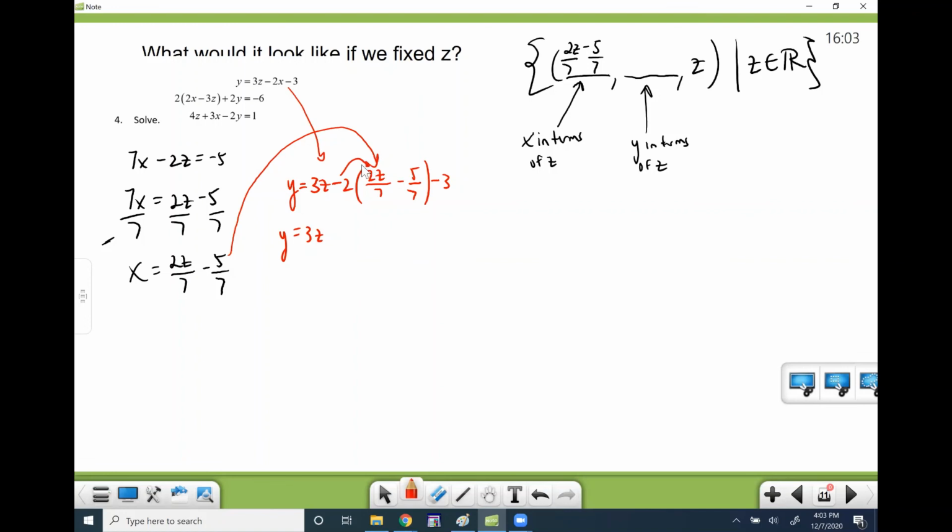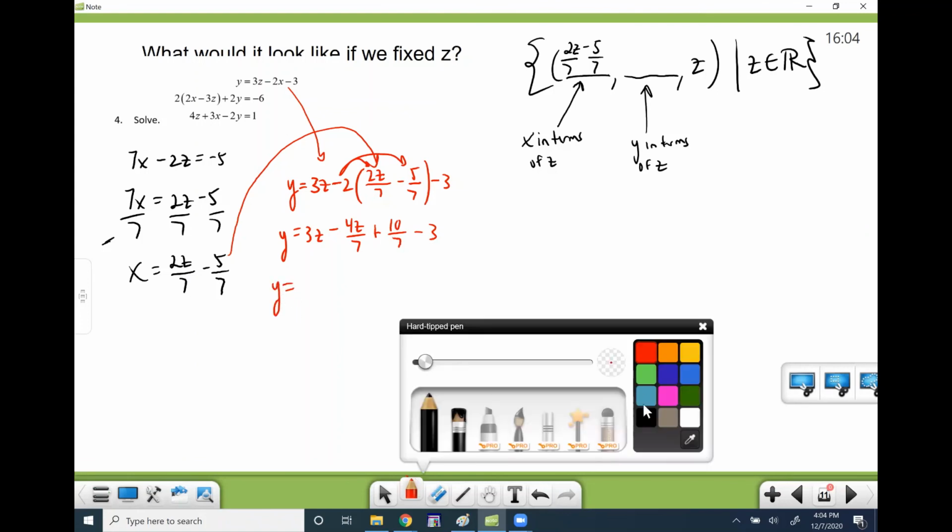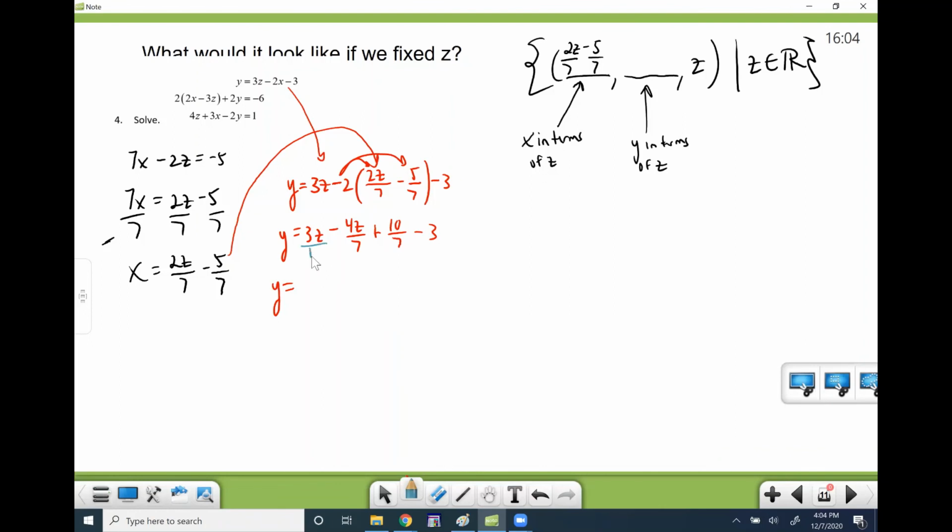Okay, 2 times 2, that's going to get us 4. Negative 2 times a negative 5, that's going to get us positive 10. Okay, I'm going to get common denominators. So that means that we're going to have to put a 1 under it and multiply by a 7.